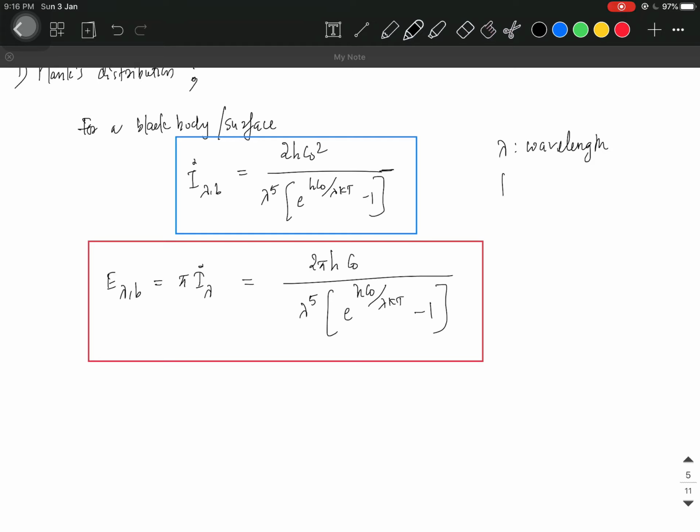In this equation lambda is the wavelength, h is the universal Planck's constant, which is equal to 6.626 into 10 raised to minus 34 joule second.